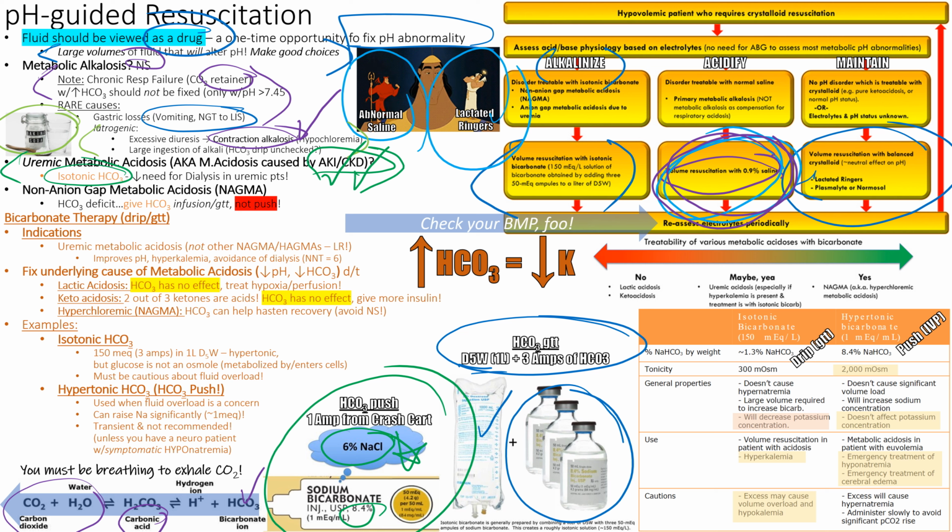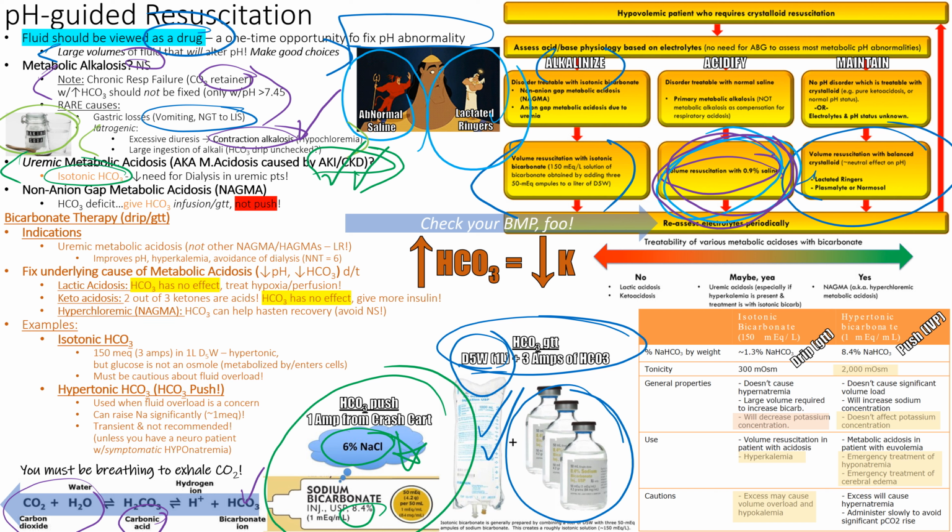It's extremely hypertonic. So giving 3 amps of bicarb into a hypotonic solution, such as D5 water, is going to make that isotonic. Someone did the math and they said 3 amps is what you want, right? If you give 2 amps, it's way too hypotonic. That's under what we need. So we want to give isotonic bicarb, or whenever someone says bicarb drip, that's what they mean.